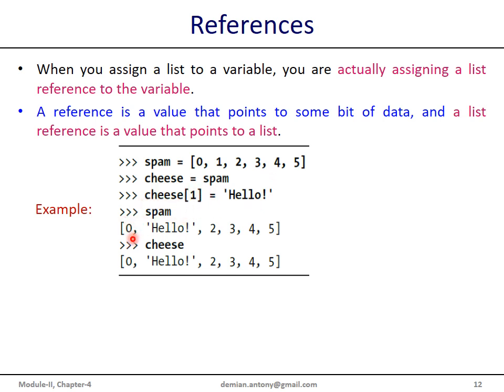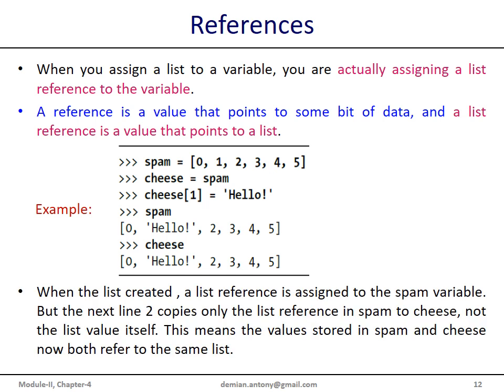And you see the result. The result is modified. And if we print the list with the first reference, again you get the same modified list. This concept is very important when we pass a list as an argument to a particular function.